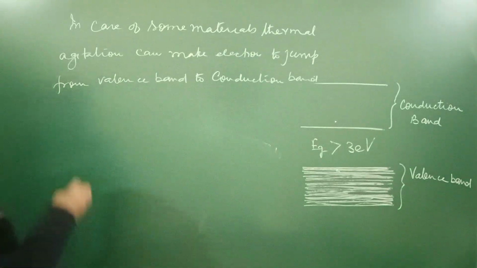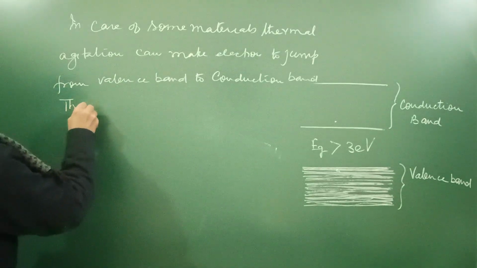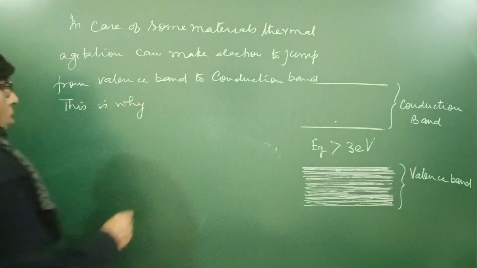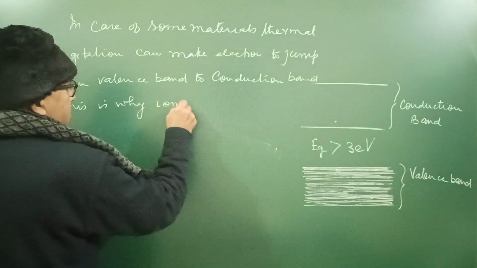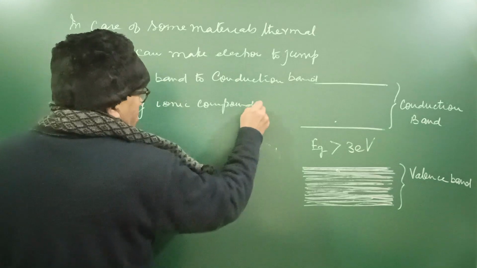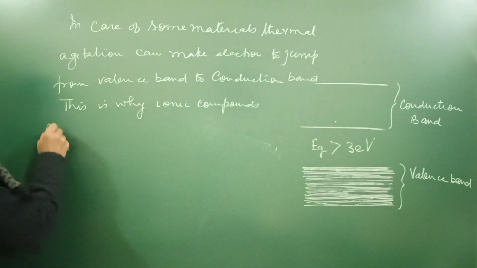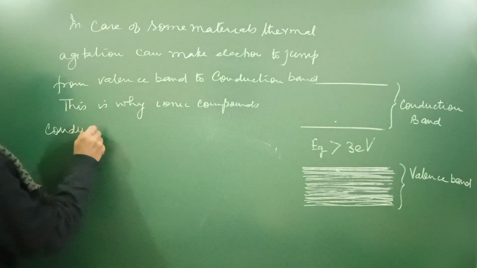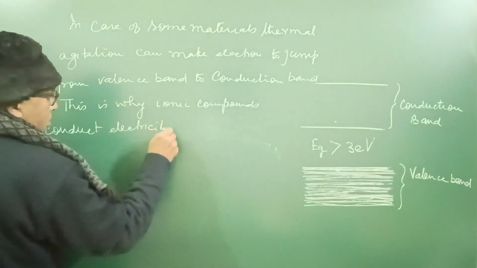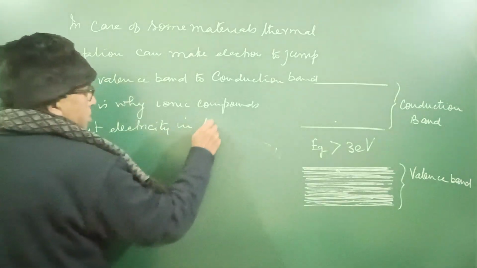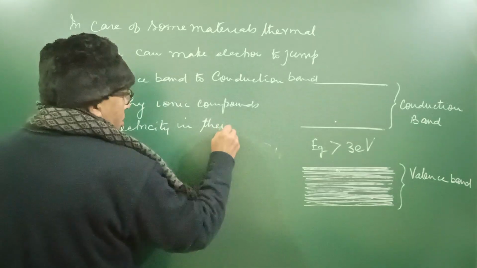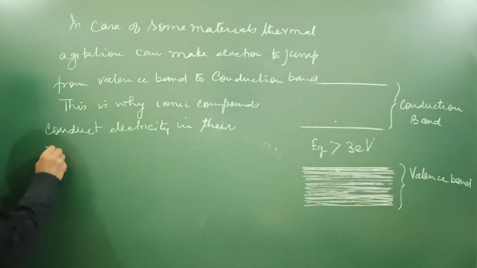This is why ionic compounds conduct electricity in their molten state.